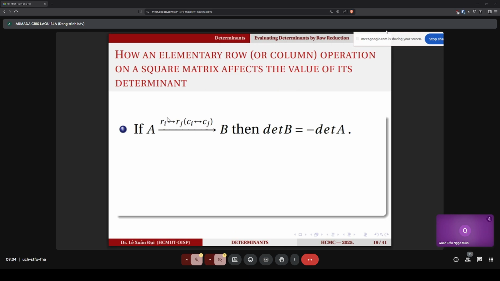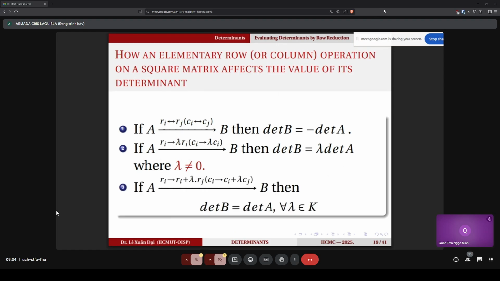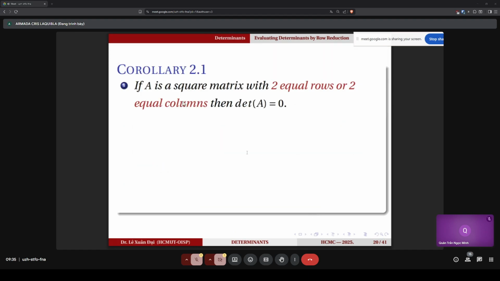If we switch a row or if we switch columns, what will happen is the determinant of B, your matrix here, is equal to the negative determinant of A. Now, if we multiply a lambda in one of the rows or in one of the columns, then the determinant of B is equal to lambda times the determinant of A. And then if you perform this one, the determinant of A and B are the same for all lambda elements in K. Okay, next.